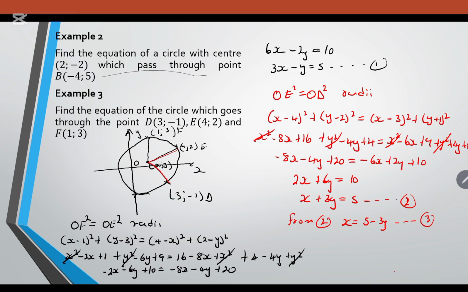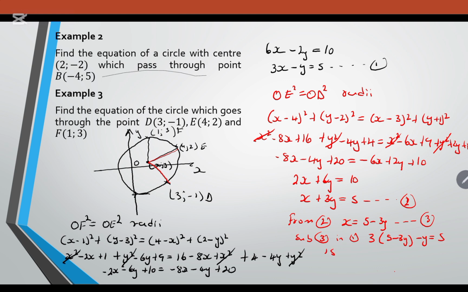I take this equation and substitute it in equation number 1. So substitute equation number 3 in equation number 1. This will be 3 times 5 minus 3y, minus y, is equal to 5.